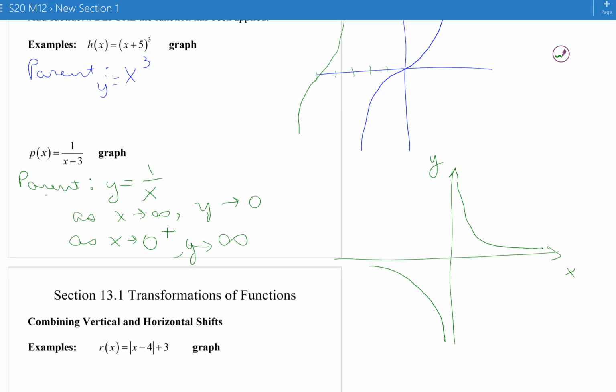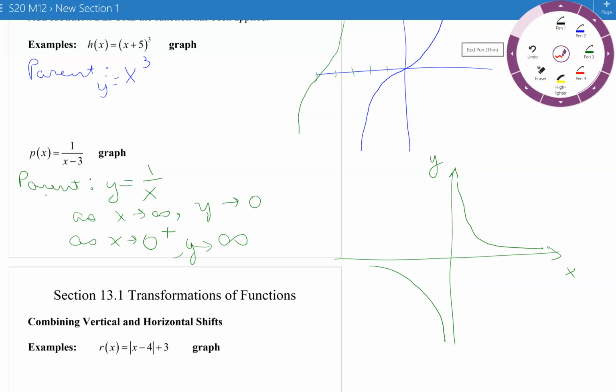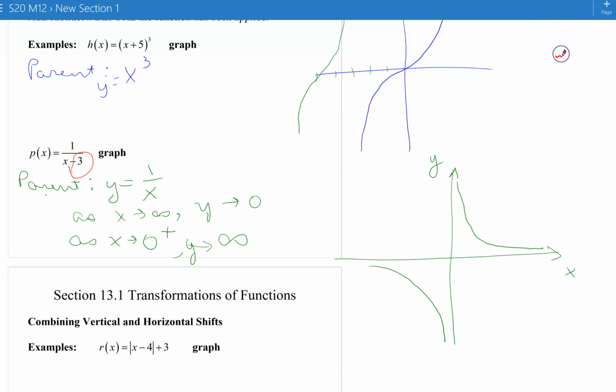So this is a symmetric graph. It's symmetric about the origin. And then I have a minus 3 being applied before I'm doing the reciprocal function. So that's going to shift the entire graph 3 units to the right without changing its shape.